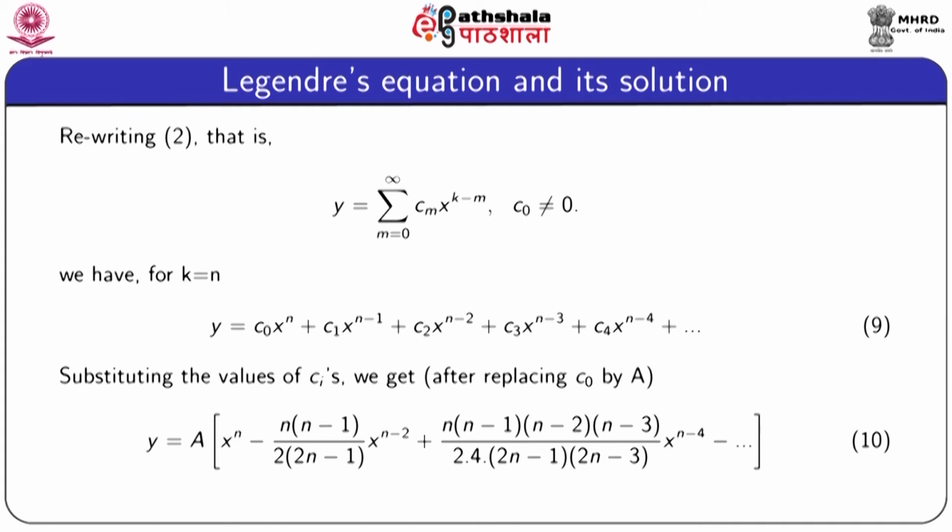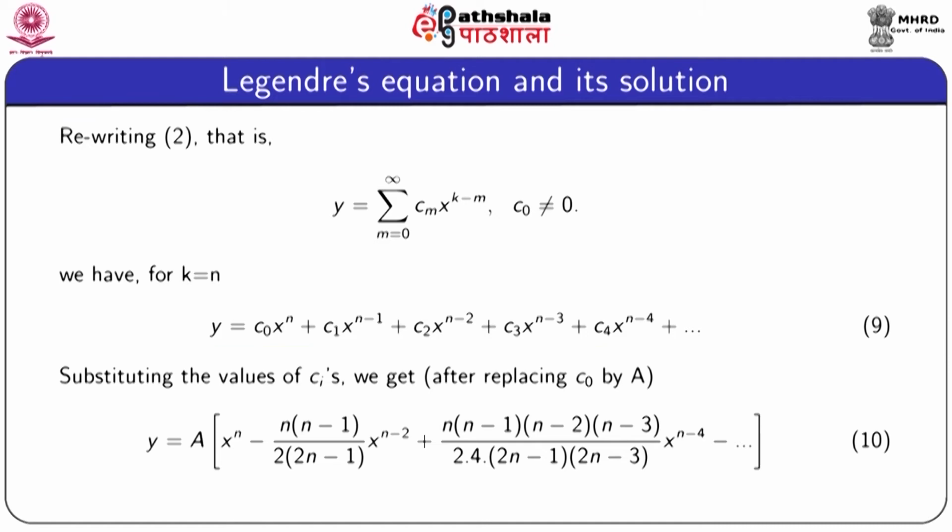Now, you rewrite equation number 2, which is in this form, y equal to summation m equal to 0 to infinity c m x to the power k minus m, where c 0 not equal to 0 for k equal to n. And if I substitute it here and write it in the expanded form, I will get y equal to c 0 x to the power n plus c 1 x to the power n minus 1 plus c 2 x to the power n minus 2 plus dot dot dot.